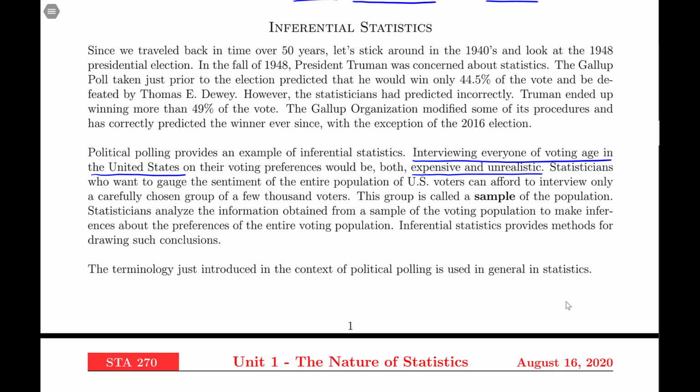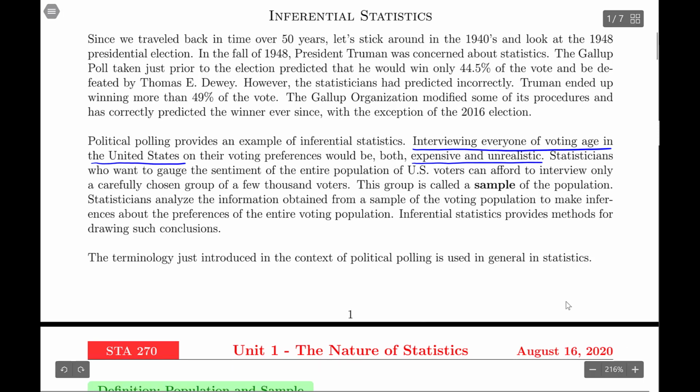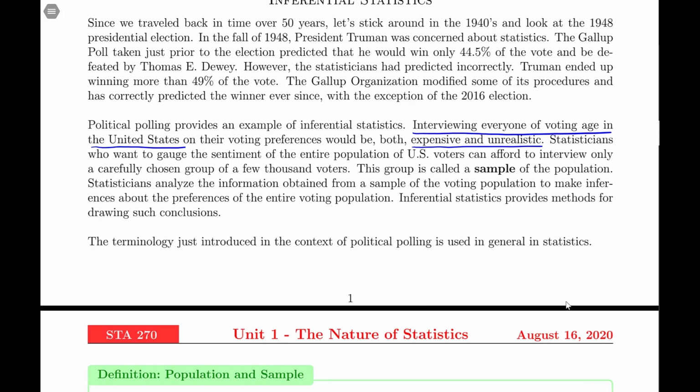So it's not feasible financially or with the time constraints that they may have to go out and interview every voting aged member of the United States population and find out which way they're going to vote. So what they would do is choose a small sample of the population, in this case maybe just a few thousand voters, but they want to make sure that they choose a representative population of the United States.